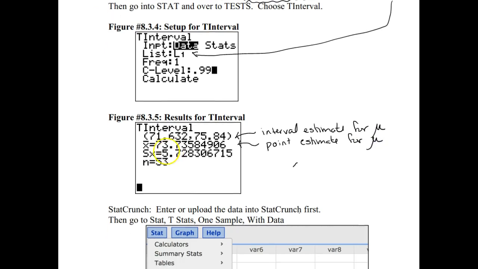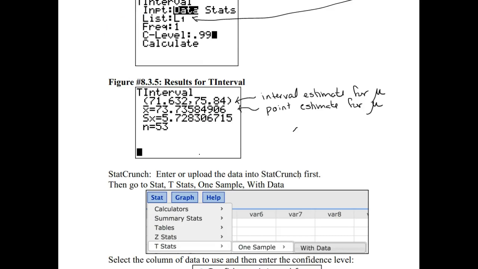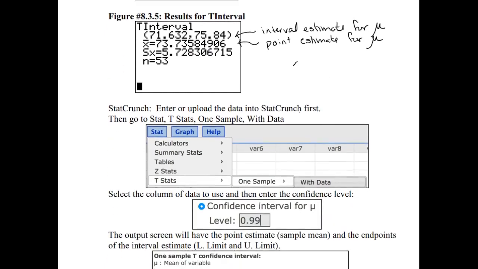And that we see is about 73.736 if we were to round that. In this case, this is quantitative data, so everything would have units with it, which in this case would be measured in years.